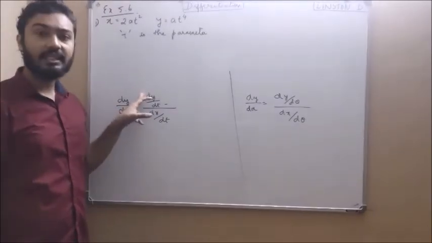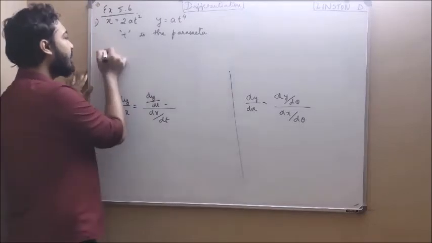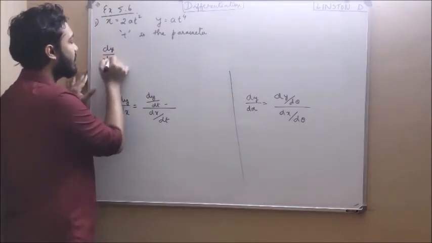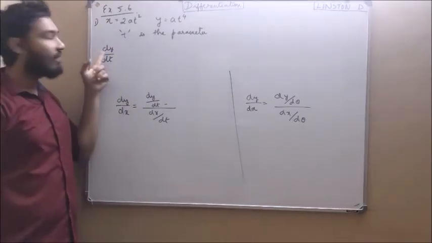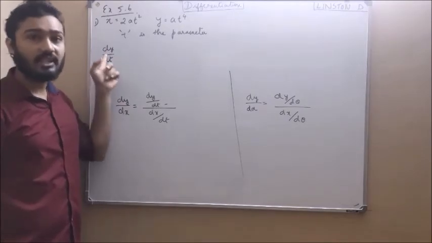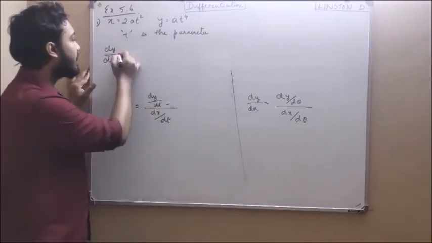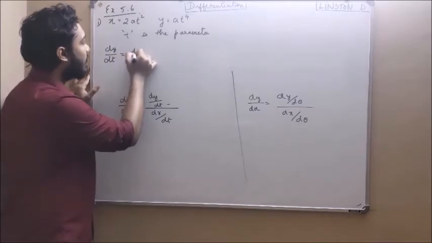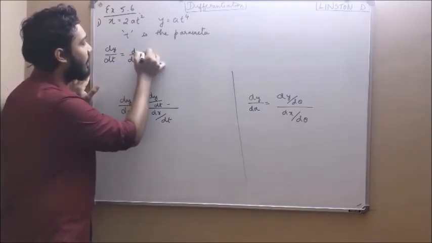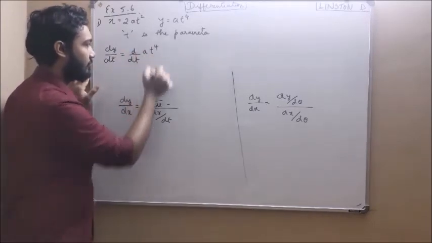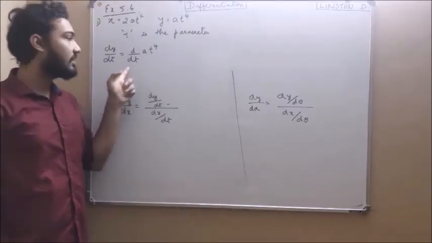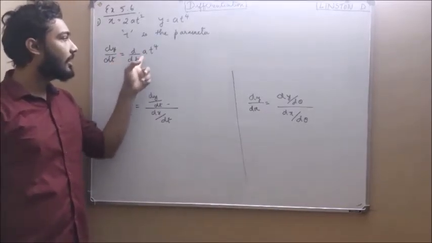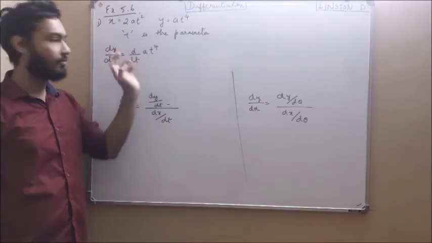So first we have to find dy by dt. So what is dy by dt? Dy by dt means we are differentiating y with respect to t. So dy by dt is nothing but d by dt of a t to the power 4. Now how to differentiate this? D by dt of a into t to the power 4.